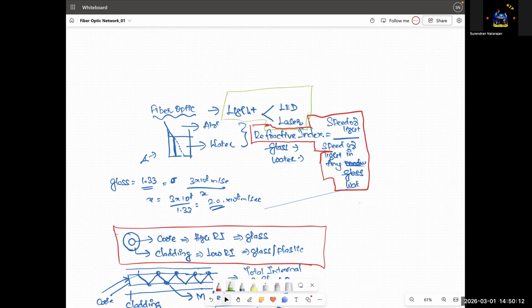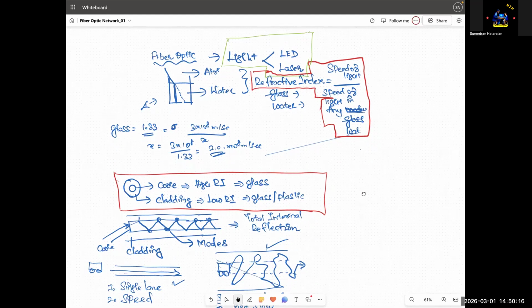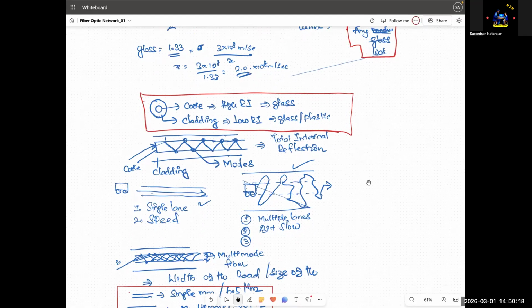For shorter distances we use LED, for longer distances we use laser. Laser is costly, LED is cheaper. That is one thing. And core and cladding materials also, we saw: glass and plastic.